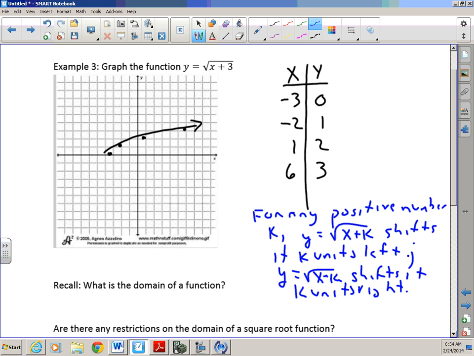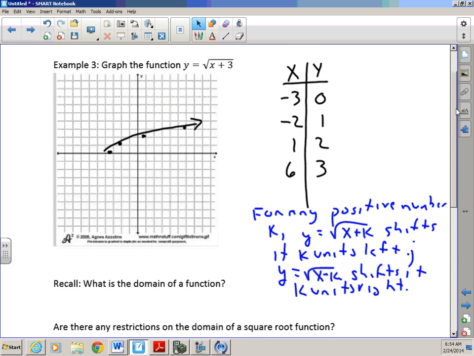Similar to what we saw with the absolute value functions.